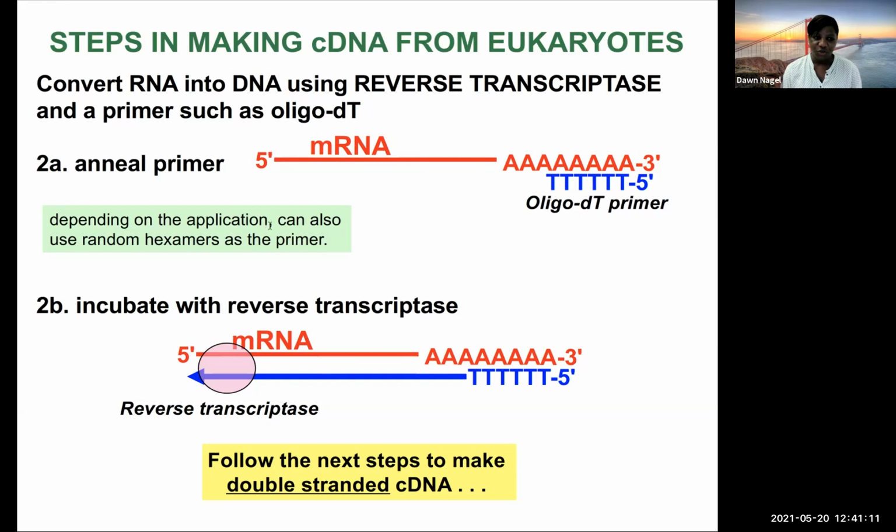Depending on the application, you can also use random hexamers. What this means is just random primers instead of the oligo-dT, right? The string of T's. Why would you use this? If you want to isolate other types of small non-coding RNAs that might not have a poly A tail, you can use other types of primers to isolate those RNAs.